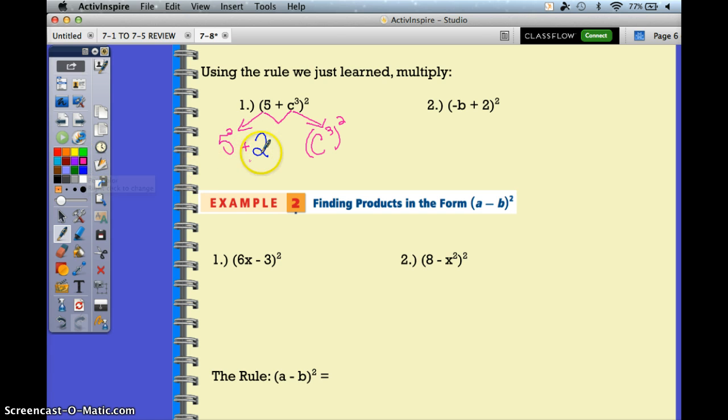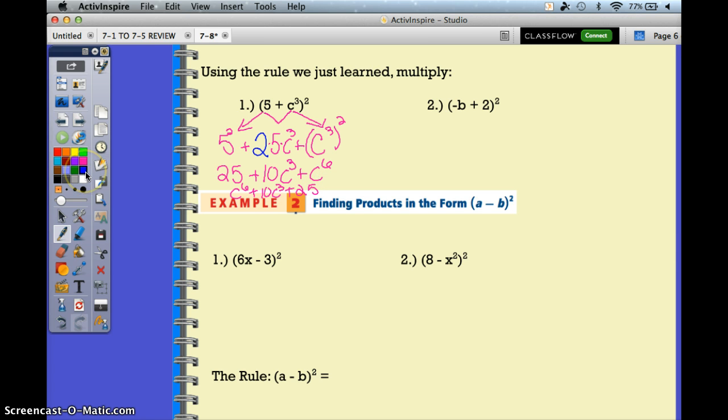Remember, we saw the same thing twice, times 5 times c cubed. Now we can just simplify. 5 squared is 25. 2 times 5 is plus 10c cubed plus c to the 6th. Now if we put it in standard form, we would have c to the 6th plus 10c cubed plus 25.